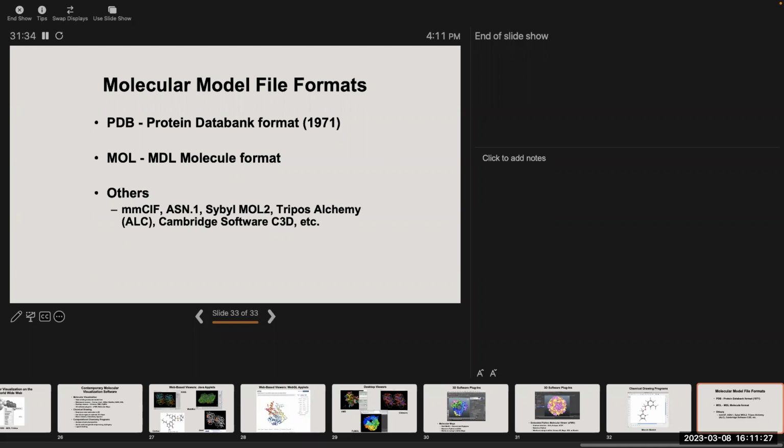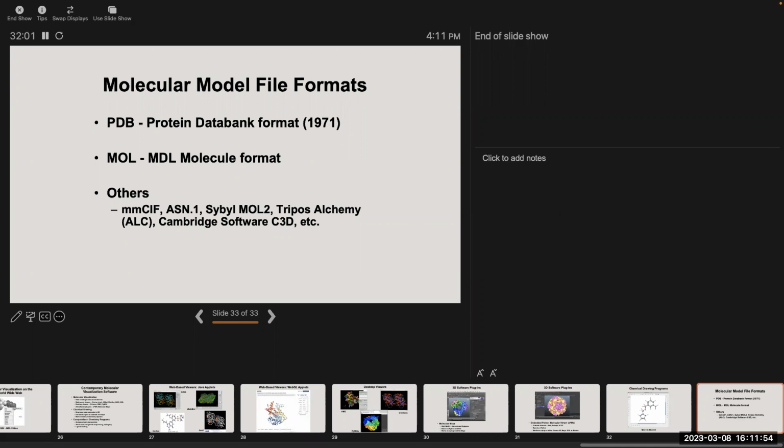This is the molecule format produced by MDL Data Labs, which was the company that created WebLab Viewer Lite, and then later produced that web-based molecular browser called Chime. So they developed their own molecular model format back in the 90s, and so you do see things available in this MOL format as well.